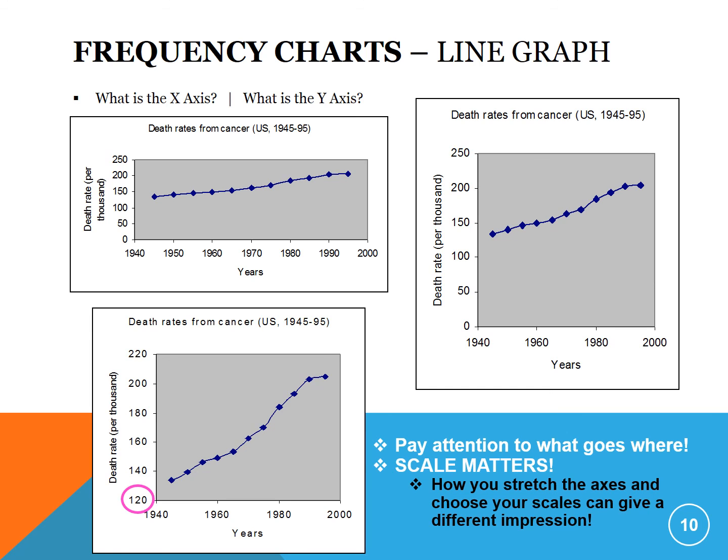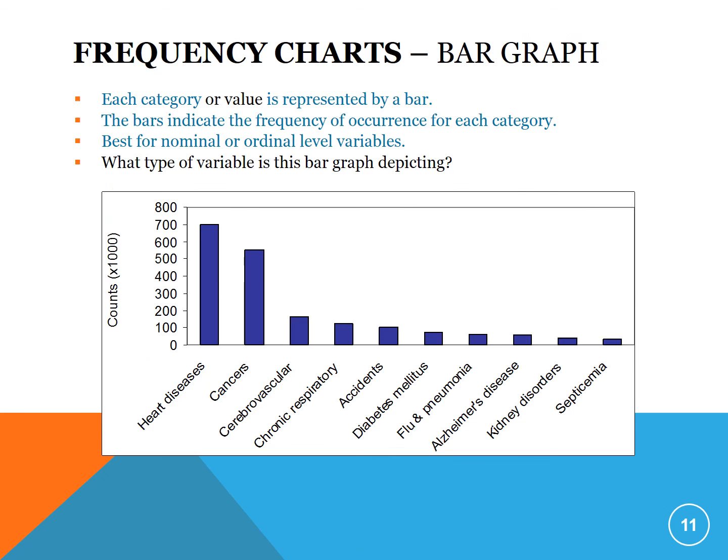The lowest death rate in thousands was like 130,000 deaths in 1945. So we had no reason to start at 0, which caused the data to look as if nothing had happened and there is no increasing of cancer death rates. Okay, so scale matters.